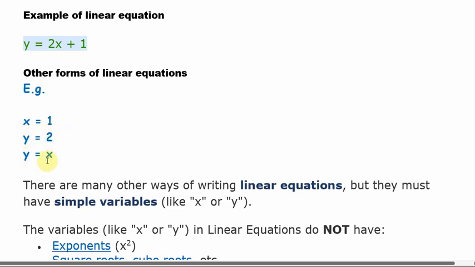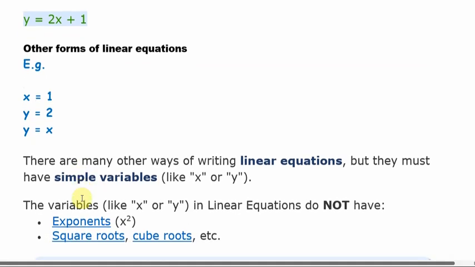Or we can even have y being equal to x in some form of combination. Also, on mathisfun.com, you can find this added piece of information about what we use to identify a linear equation. So you can pause the video here, take off the notes that you're seeing so far.